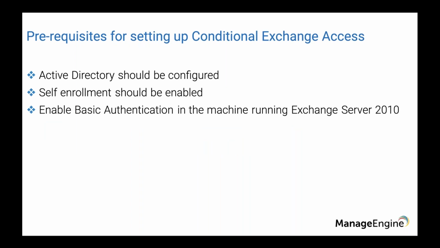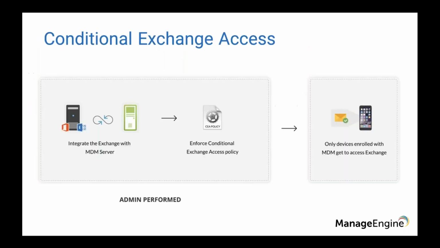So what are the prerequisites to set up the conditional exchange access? Well, first, your Active Directory should be configured. Self-enrollment must be enabled for your BYOD devices. So this is just for BYOD. And if you're running Exchange Server 2010, you'd have to enable a particular setting called as basic authentication in that machine.